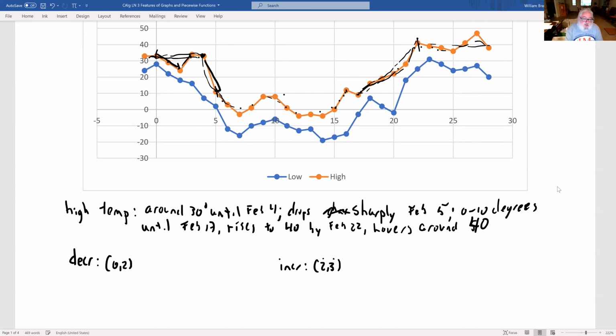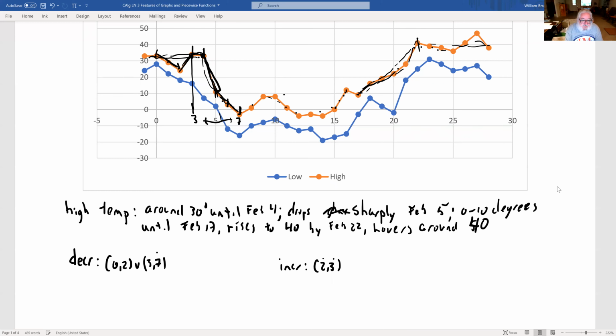Then from day 3 all the way down to day 7, it was decreasing. So when we're talking about decreasing of the function, we identify it with the x values, the horizontal values, right? From 3 to 7, the function was decreasing.